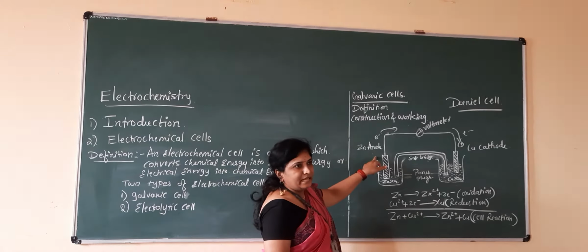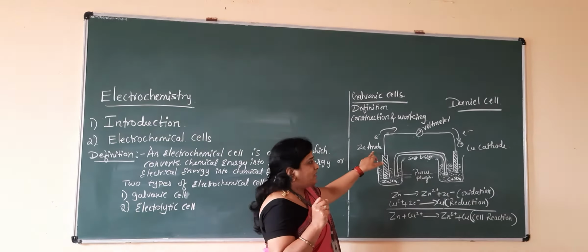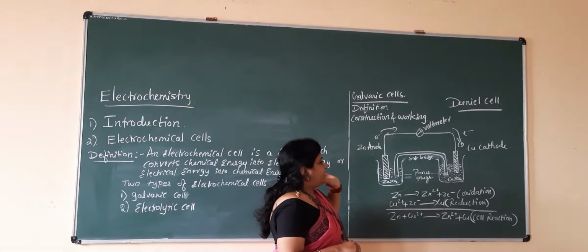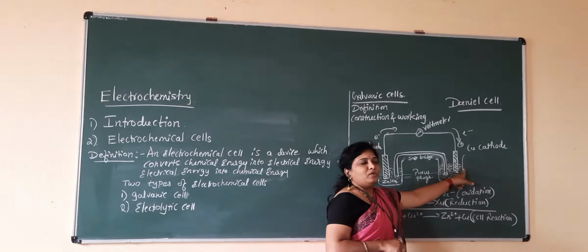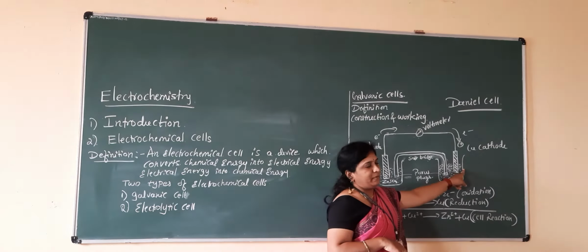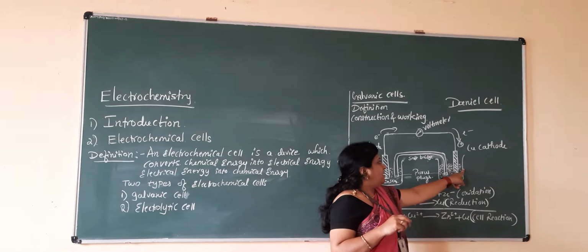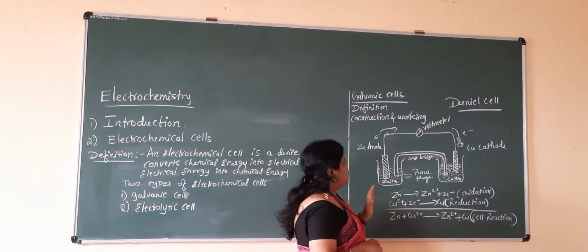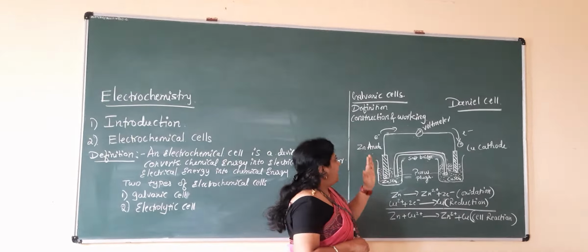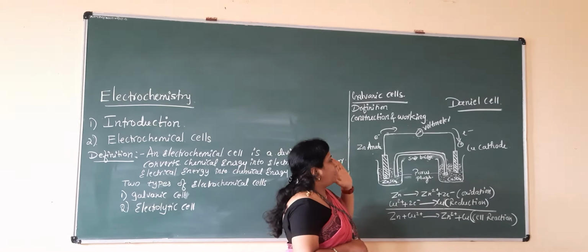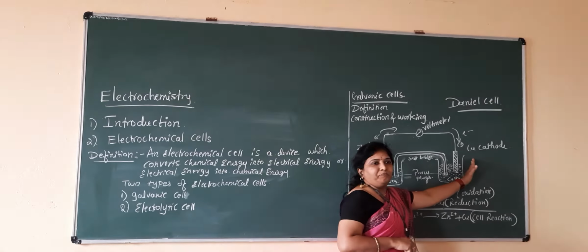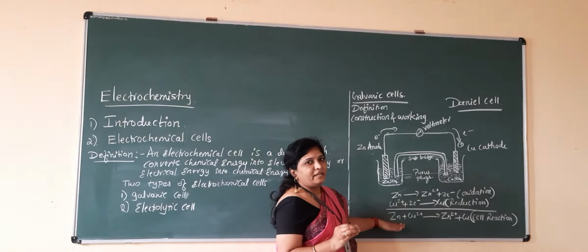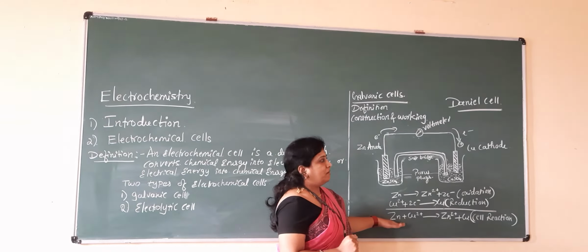So we can say that the anode is electrically negatively charged, and at the cathode reduction reaction takes place and it accepts the electrons, so that's why it is positively charged. So in a galvanic cell, anode is negatively charged and cathode is positively charged. This is how the galvanic cell works.